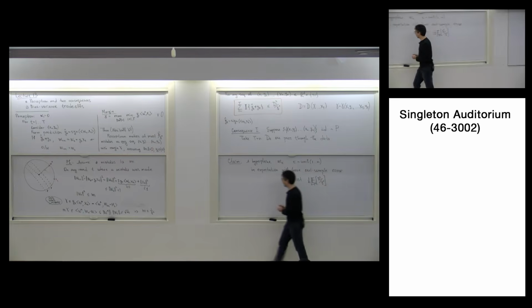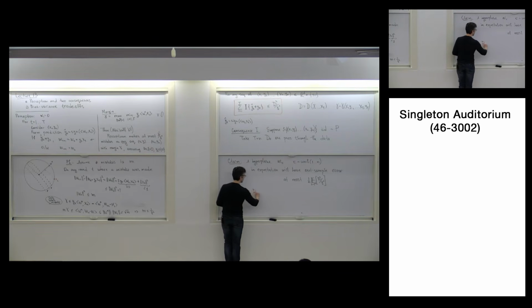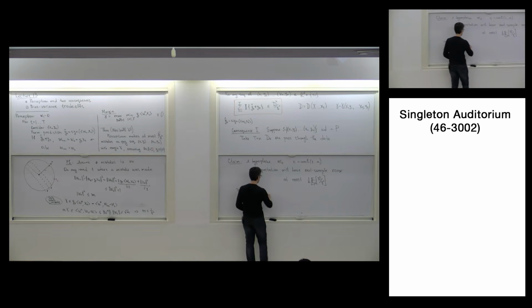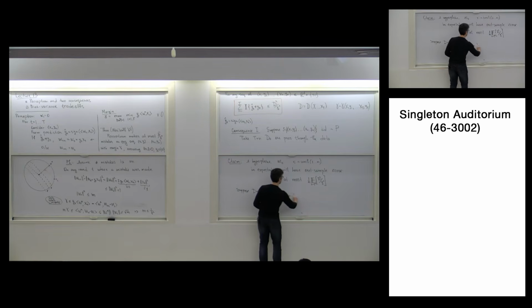So how about this? Suppose D is equal to 1, so data lives in a sphere, and the distribution P has margin gamma, right?